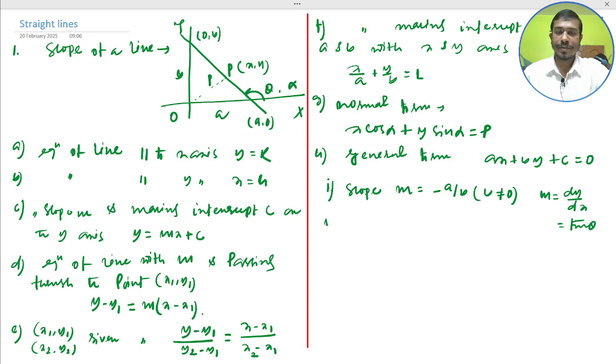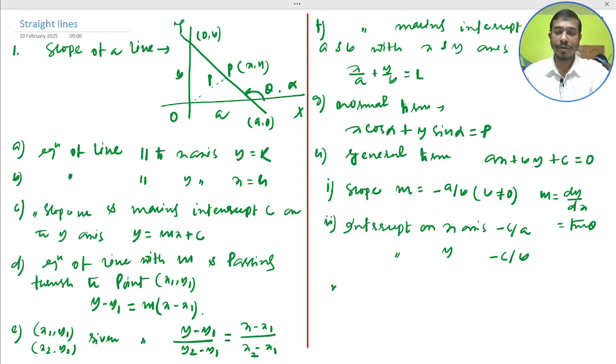And the intercepts: intercept on the x-axis is minus c by a. Intercept on the y-axis is minus c by b.